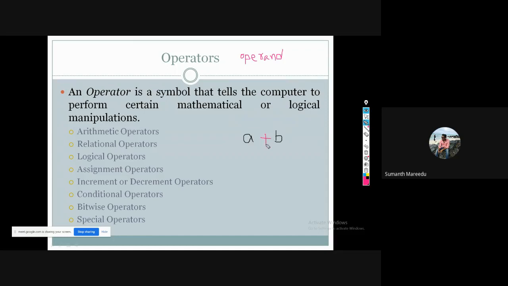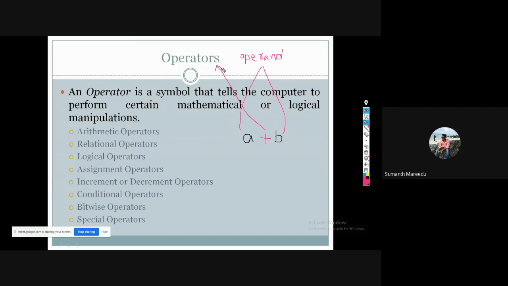So this plus symbol is the operator, and A and B are called operands. Operators are the symbols. Operands are the values on which you are applying the operator, on which the operator is applicable.